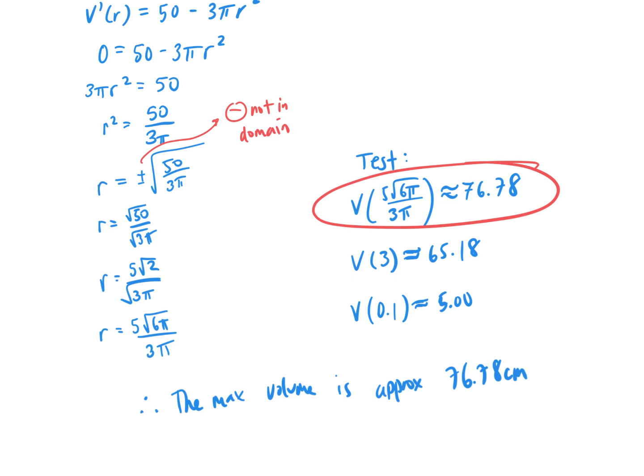Now, just a note in terms of testing for max and mins, we could also find max and mins not just by plugging them back into the original formula, but thinking about if the tangent lines to the left and to the right are positive or negative to see if we're on that increasing to decreasing pathway to get a max, or from decreasing to increasing to get a min. But right now, since we do have these intervals, testing our critical points and endpoints is a good strategy. But we'll see that first derivative test is what we're going to call it later on.